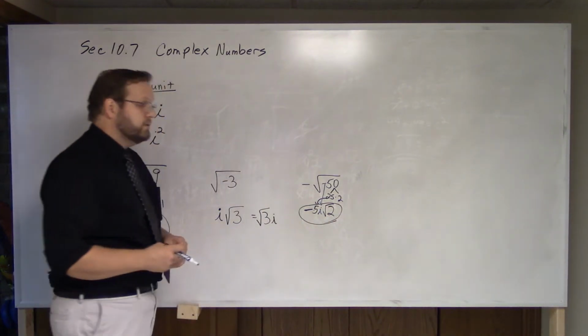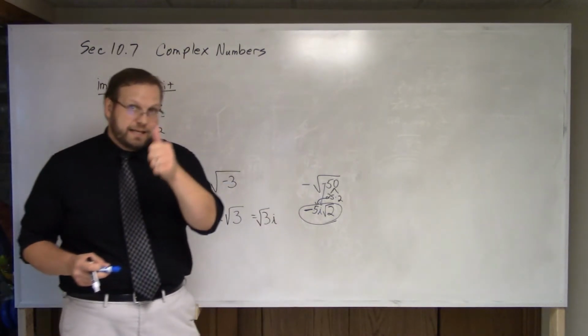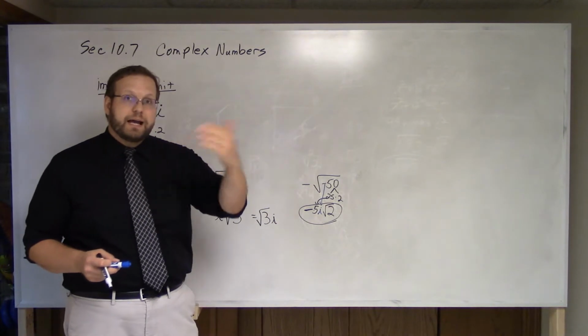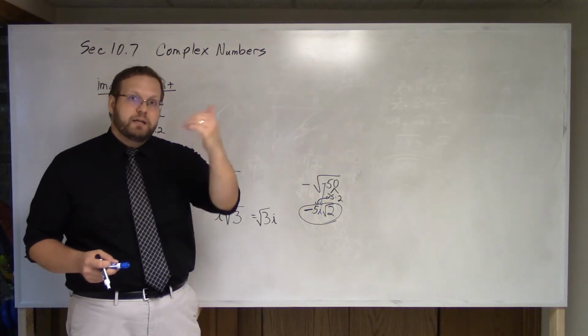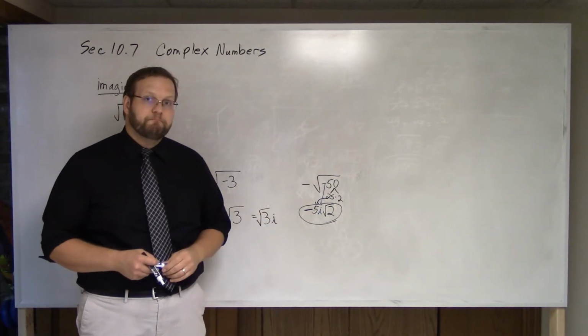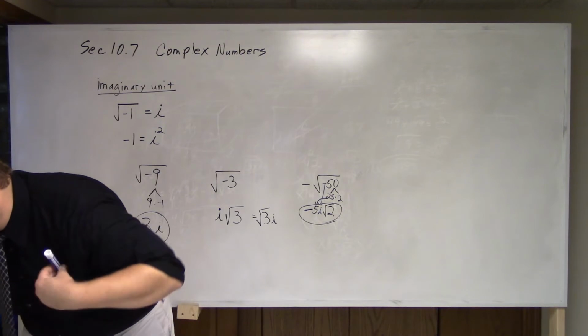And there is your simplified radical. Again, that -50 really has a negative, a 25, and a 2. The negative comes out as i, the 25 comes out as 5, and then the 2 stays. This negative sign here just drops down. How about something like this?